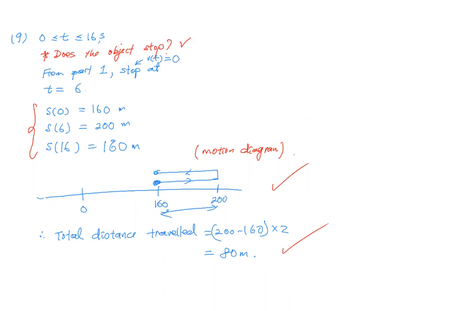Okay, so class, I hope through these two examples, you have a clear idea of what we mean by kinematics. So it's the relationship between y, dy/dx, and d2y/dx squared, but put in the context of displacement, velocity, and acceleration. Got it?